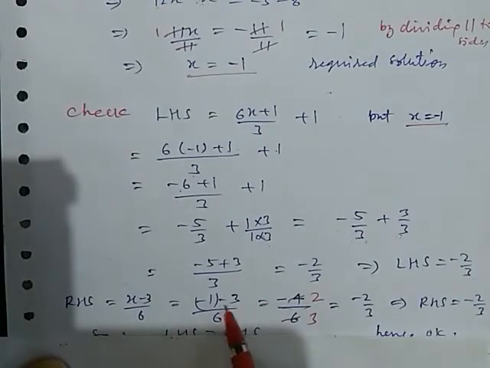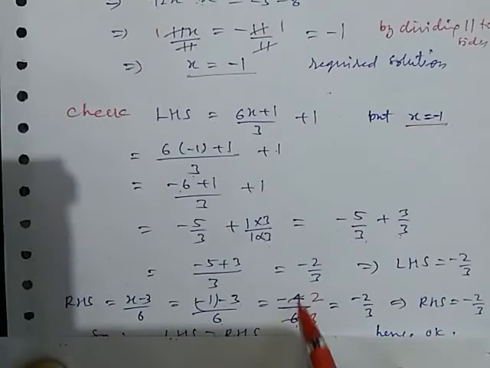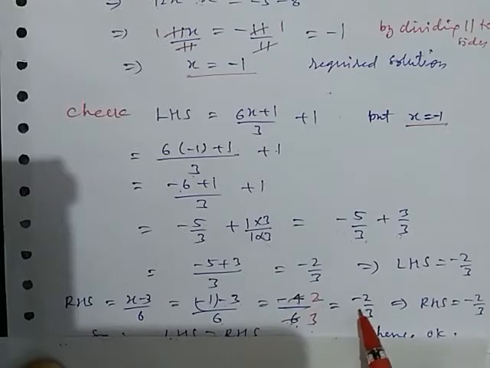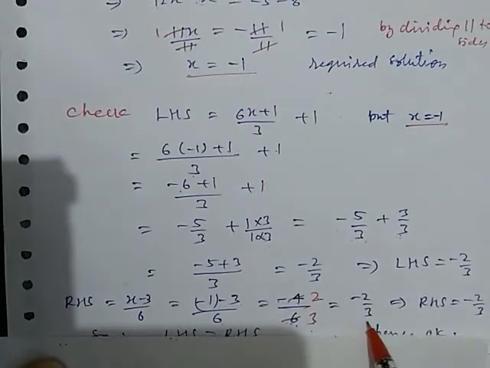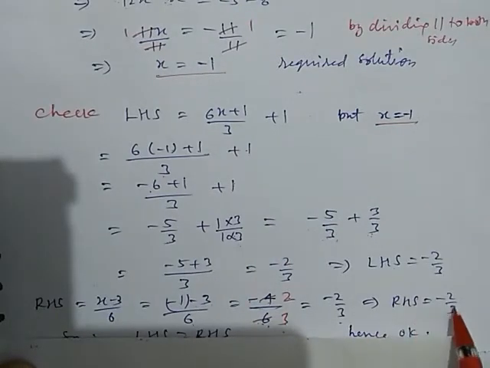So minus 1 minus 3 by 6, minus and minus are added, so they become minus 4 by 6. Here both the terms are divisible by 2, so we divide by 2. 2 2s are 4, 3 2s are 6. Okay, so 2 by 3 with this negative, so it becomes minus 2 by 3. So look, RHS equals minus 2 by 3.